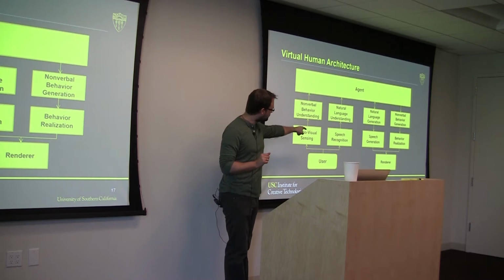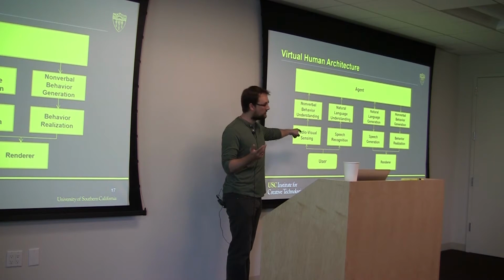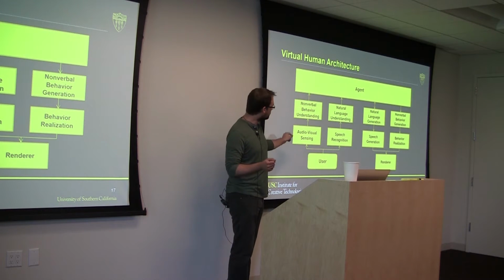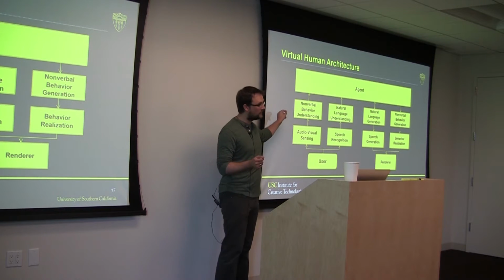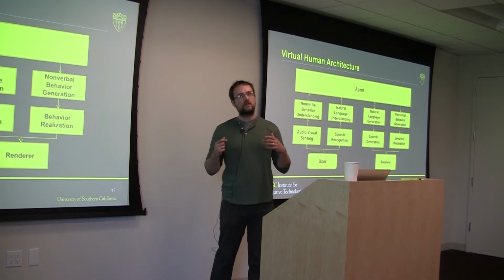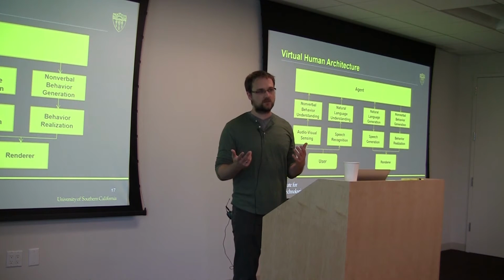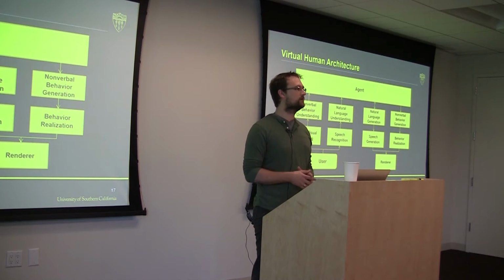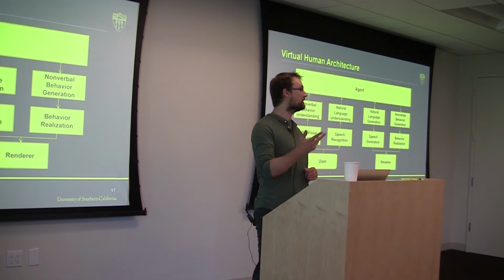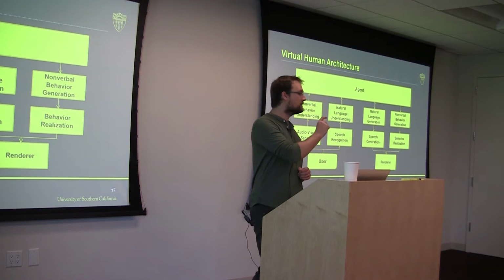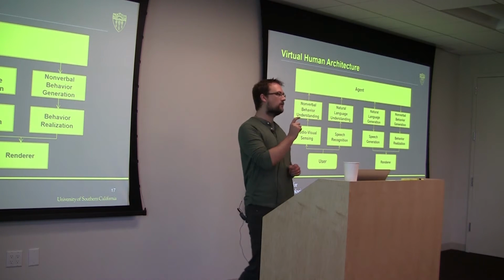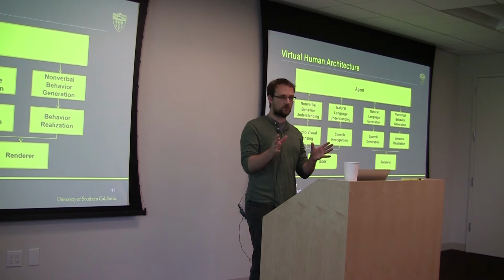That can happen through speech recognition, just like, say, Siri, natural language understanding, but also through audiovisual sensing. Now, the agent then creates a communicative intent, something it wants to convey back to the human user. And that can happen verbally and non-verbally. So all of these different capabilities together form a generic virtual human.